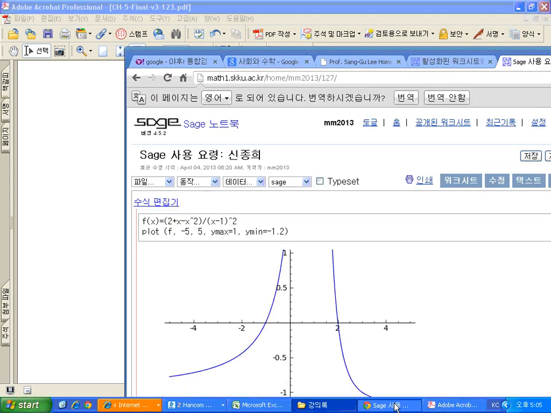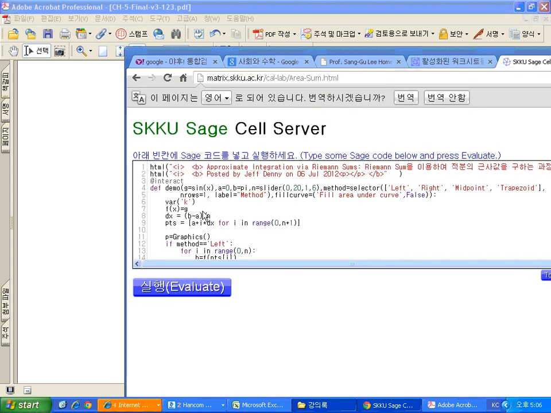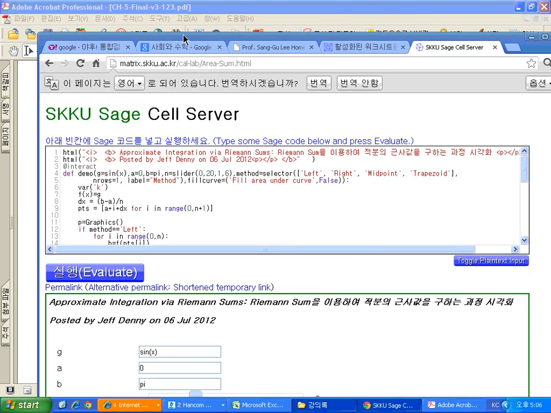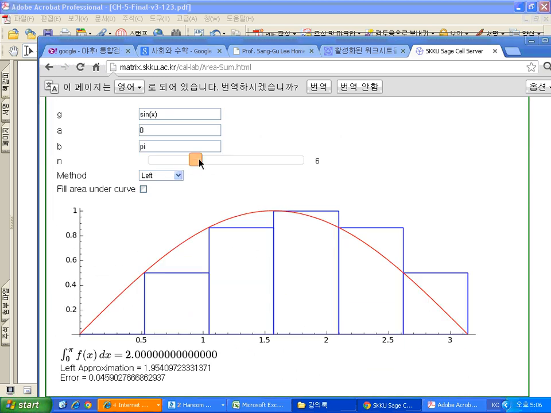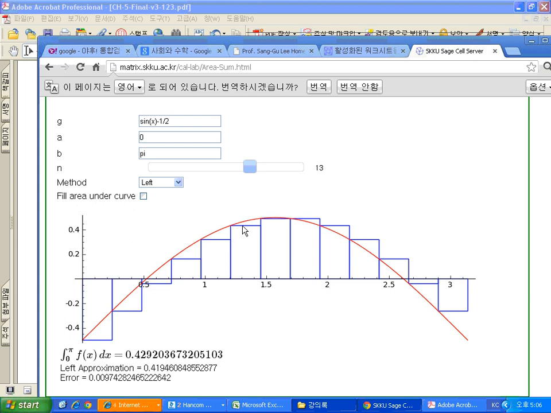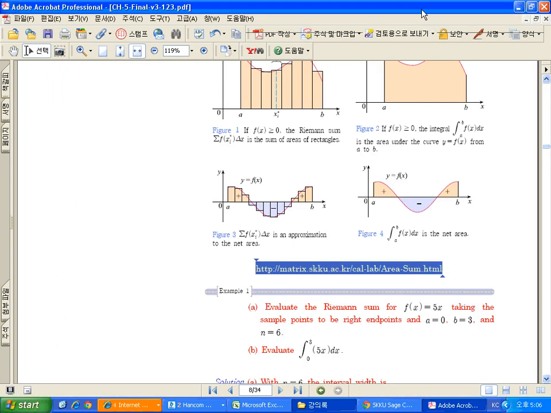If we go to that website, you see it shows exactly what you have seen. And if we have a function like this, then what we have is the net area: this area, subtracting the bottom ones. That's the net area that we can see.